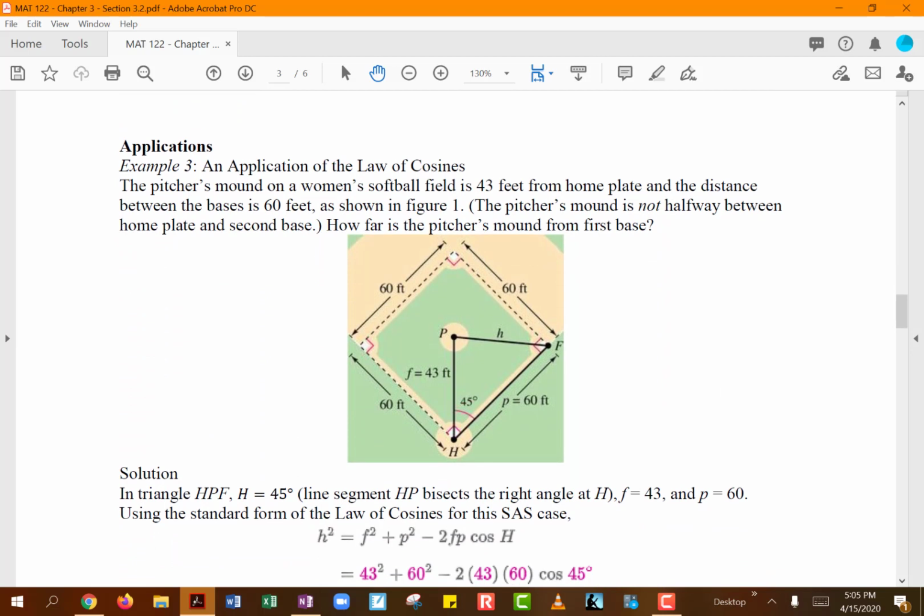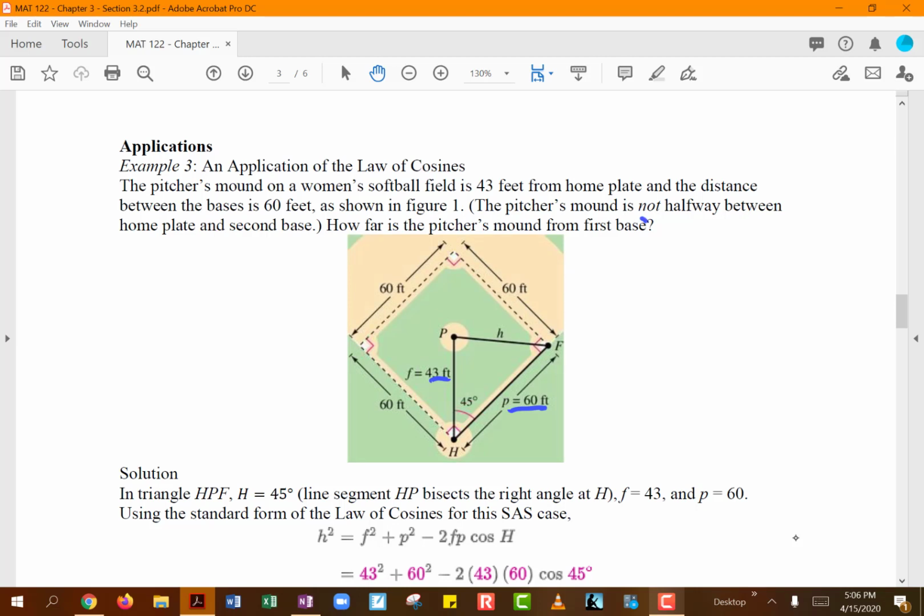Alrighty, so now let's go ahead and take a look at our application problem over here. Okay, so we are given the pitcher's mound on a women's softball field is 43 feet from home plate, so you can see that 43 feet right here, and the distance between the bases is 60 feet, so these are the 60 feet measurement here.